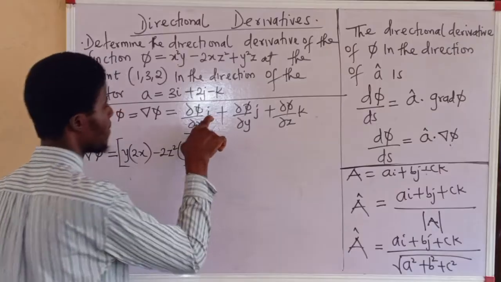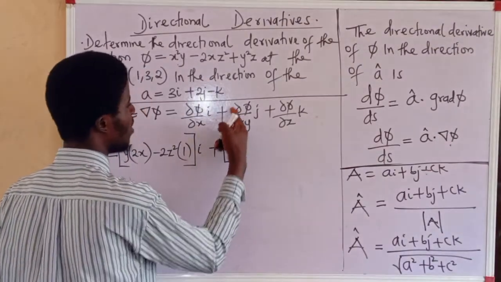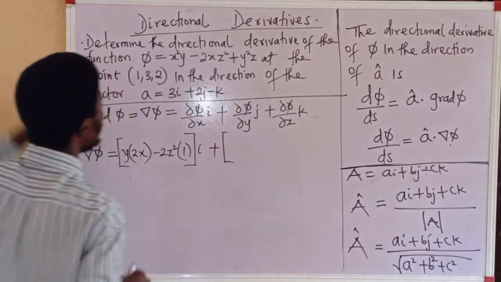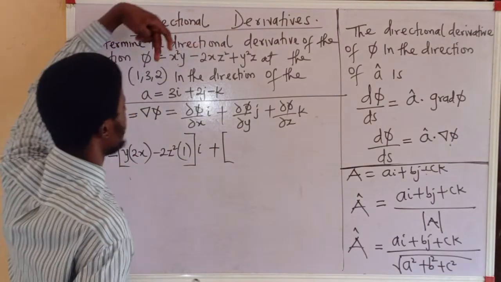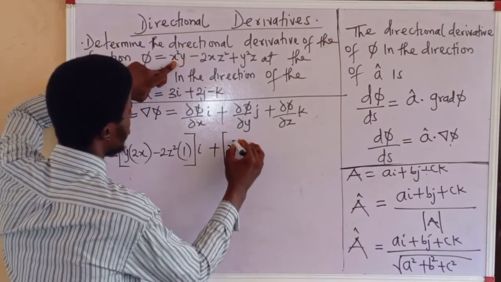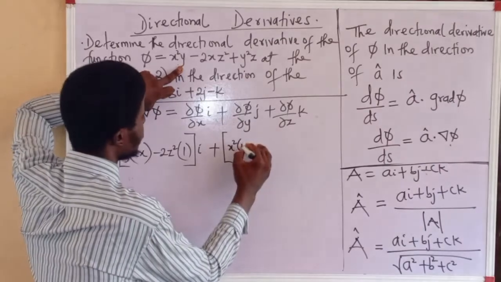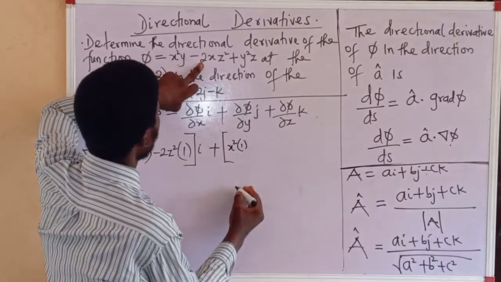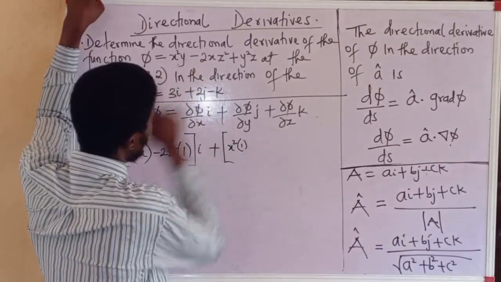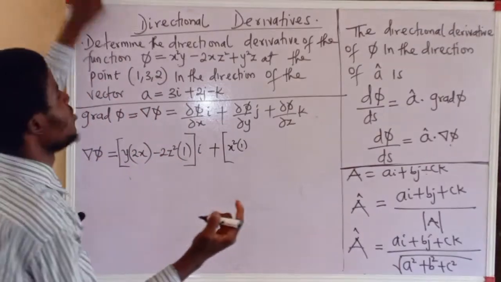So that's out. That means partial phi partial x is equal to this times i. Plus, let's determine partial phi partial y. We differentiate this again with respect to y now. So keep x squared as a constant. Differentiate y with respect to y to get 1. There is no y here, so the derivative becomes 0, since it is a constant.